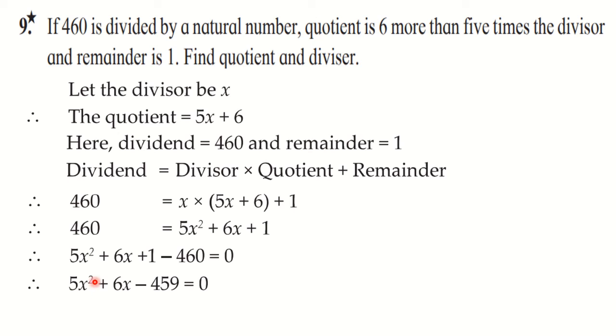But while writing here, I will not write 51 first. Why? Because 51 is not divisible by 5. While splitting this middle term, I will write this as minus 45x plus 51x. Why? Because 45 comes in the table of 5.